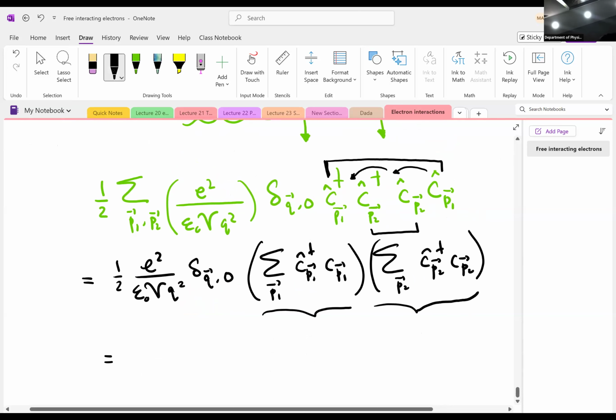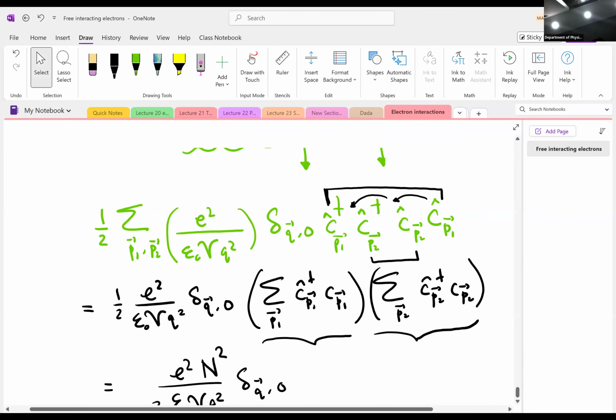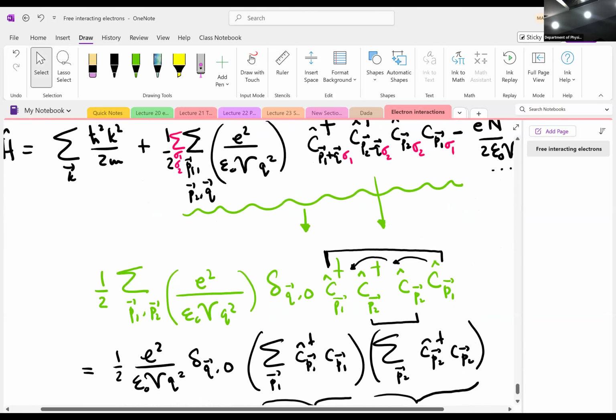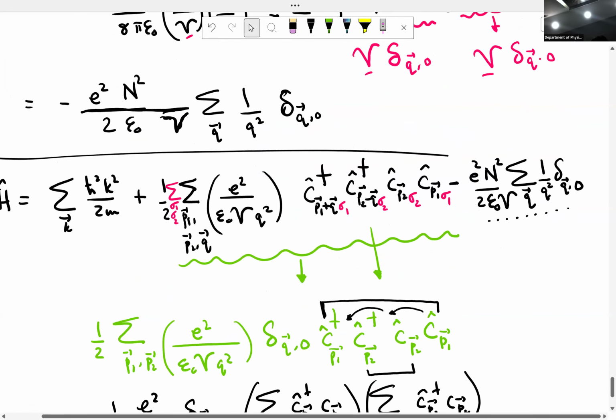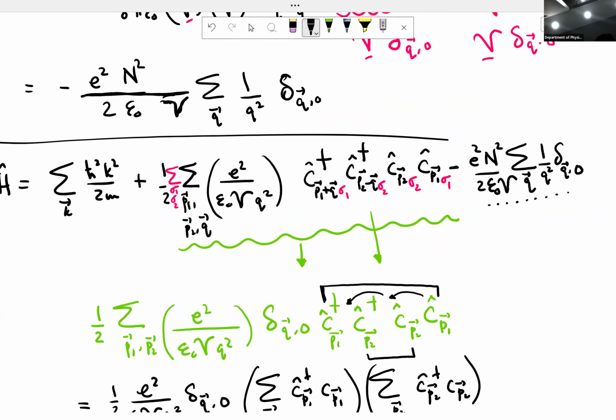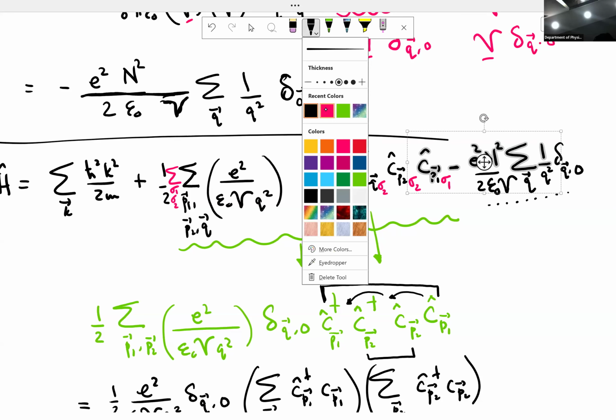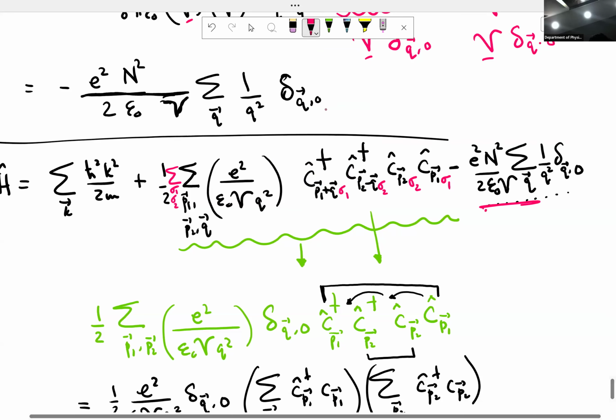So I get E square over 2 epsilon naught V Q square delta Q0 N square. And this is exactly equal to the term that we have over here. But this is with a negative sign.